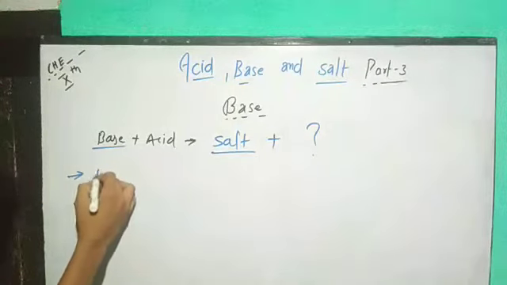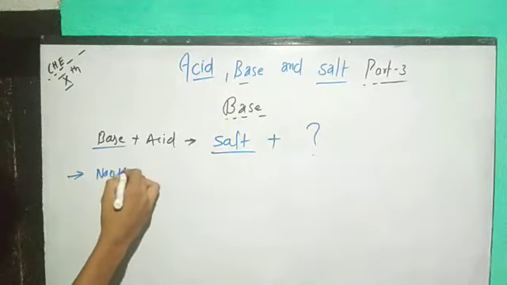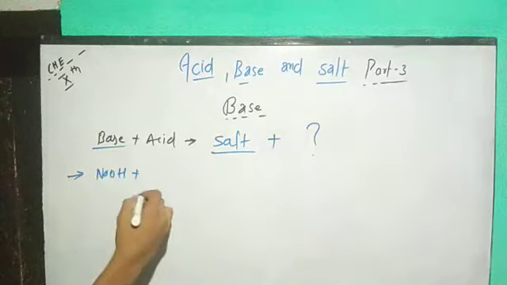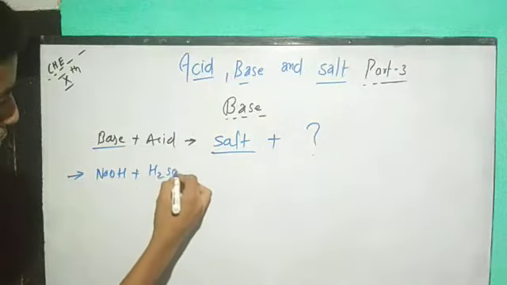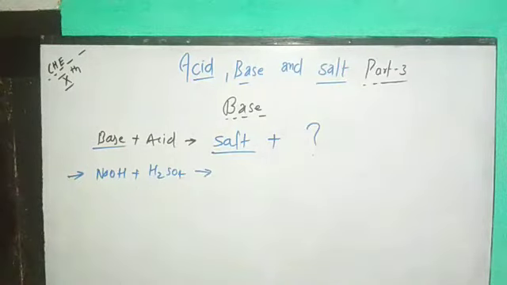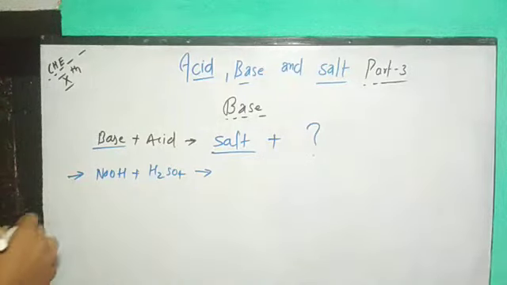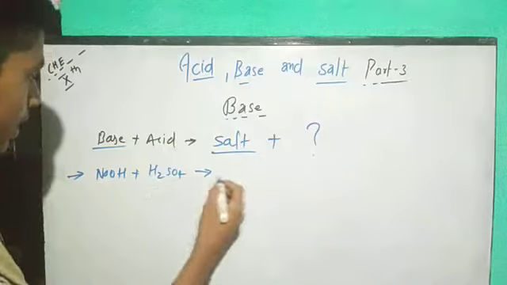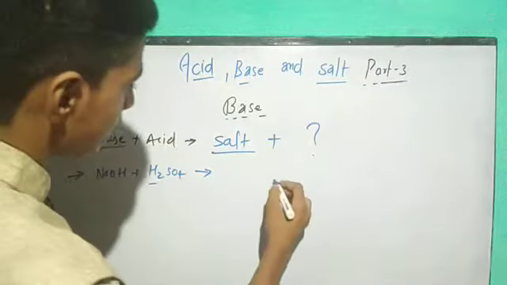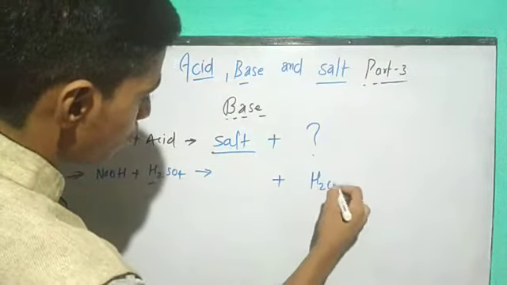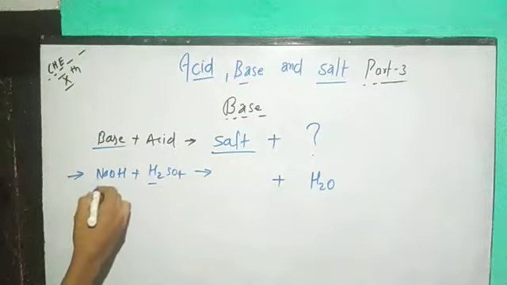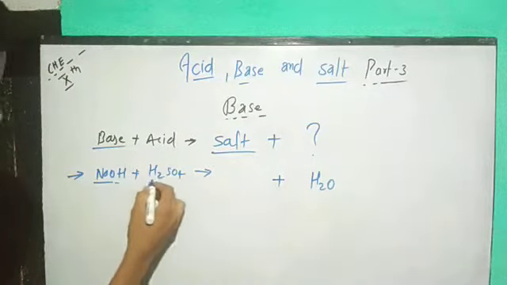Suppose we are going to react NaOH plus an acid. Suppose we are taking H2SO4, sulfuric acid, and we are going to perform a reaction between these two, base and acid. And here we can see that H2O must be there at the bottom. Now look here, NaOH, H2SO4.